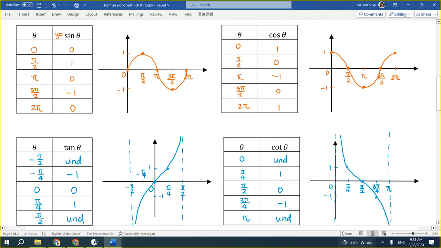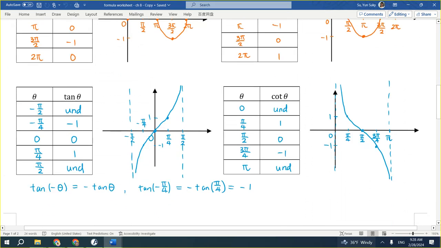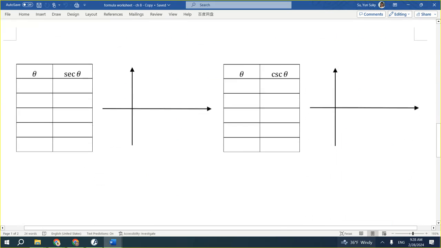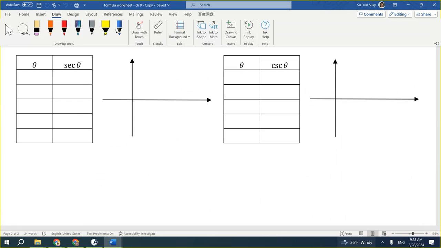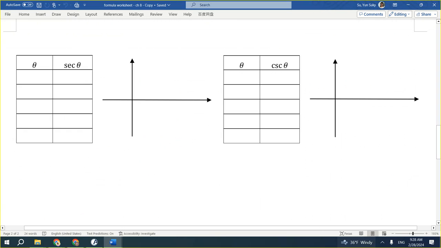Now, do you have this sheet? Yes, take it out. Now let's draw the secant. The angle theta is the same as the angle of the cotangent. The secant is 1/cotangent.